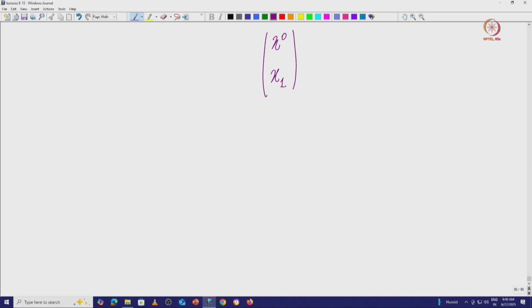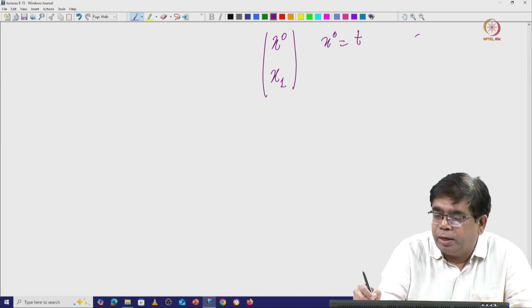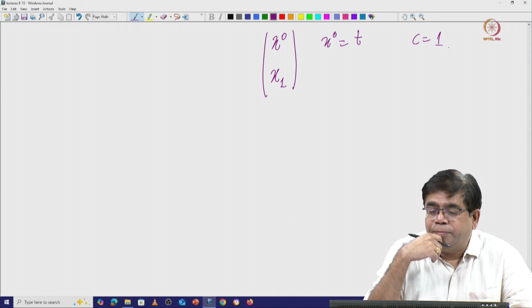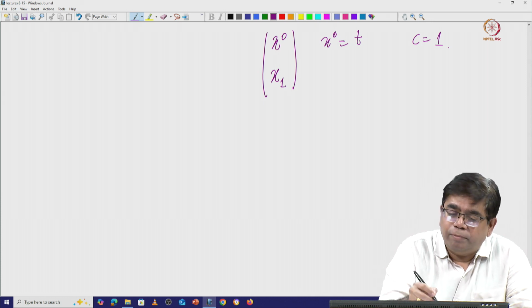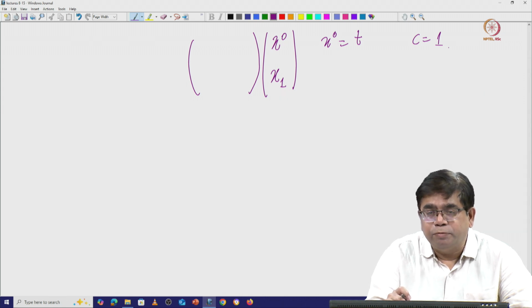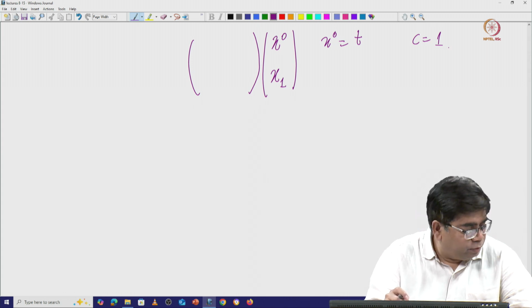Essentially there is a vector which is x0. X0 is nothing but t, c is equal to 1 in our case. And this is transformed by multiplying by a 2 by 2 matrix right now because we are only considering x0 and x1, but you can also write x2 and x3, where x1 is equal to x, x2 is equal to y, x3 is equal to z.